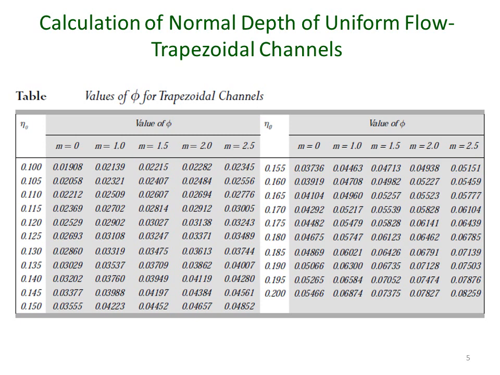M equal to 0 here, of course, means a rectangular channel, and any value of m greater than 0 denotes a trapezoidal channel. This is only a part of the table and is not exhaustive. For other values of phi against eta and m, please consult any textbook.